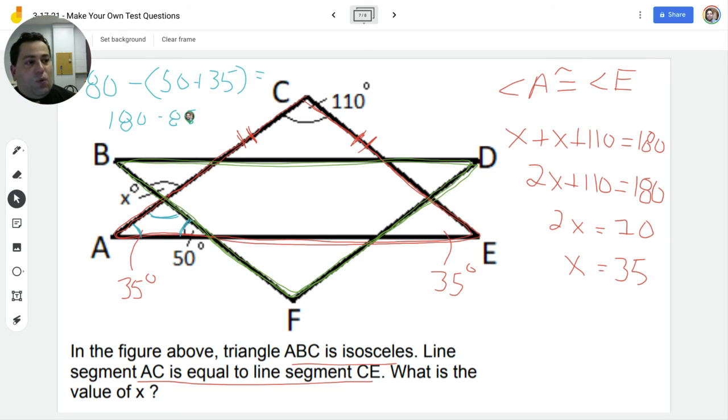And then 180 minus 85 is going to be 95. So I know that this angle right here is 95. And then I know that that angle is vertical to X. So I know that X is also 95 degrees.